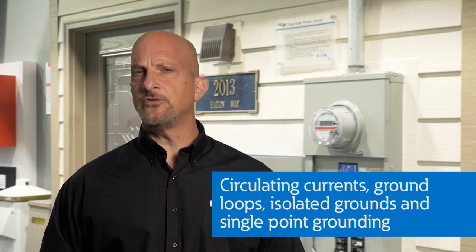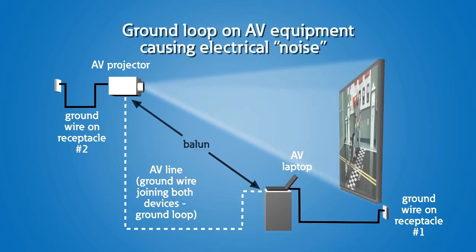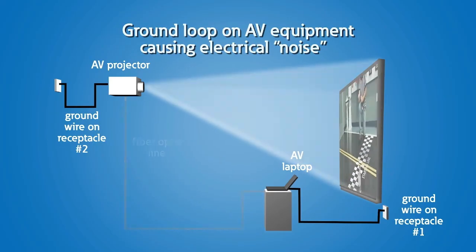This can be a slippery slope, and oftentimes it's problematic to force a system to have single point grounding for quote-unquote sensitive equipment. I've seen plenty of situations where ground loops from AV equipment have caused electrical noise and must be eliminated, but there are well-proven methods for dealing with this situation.